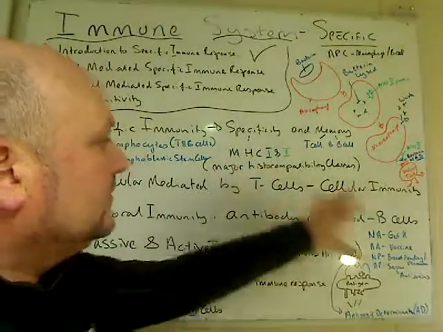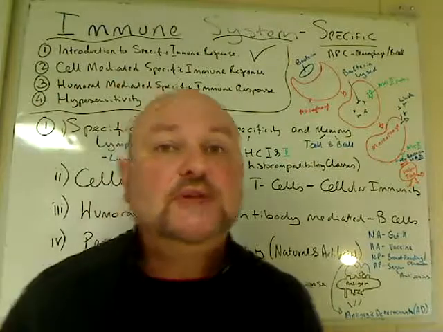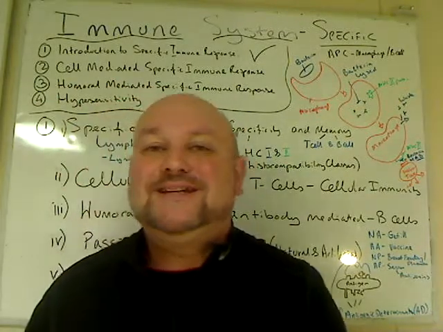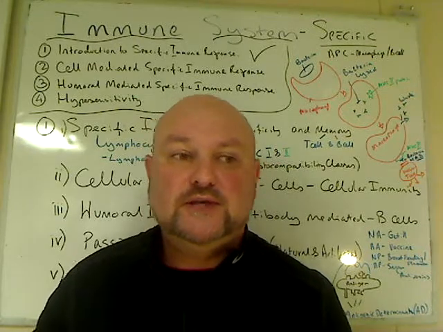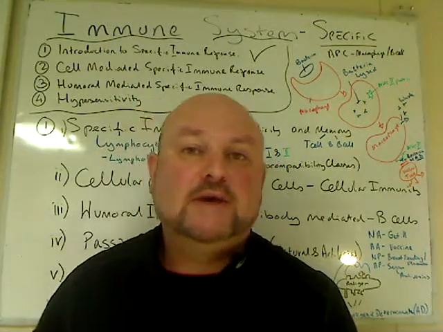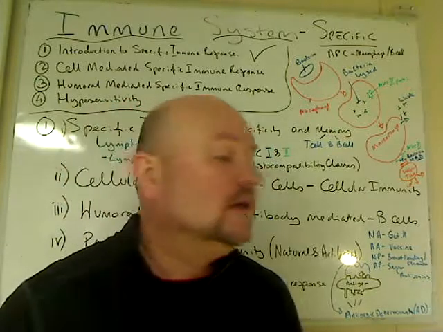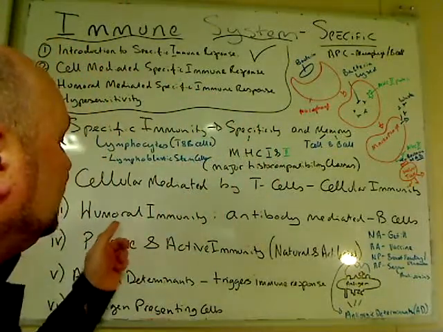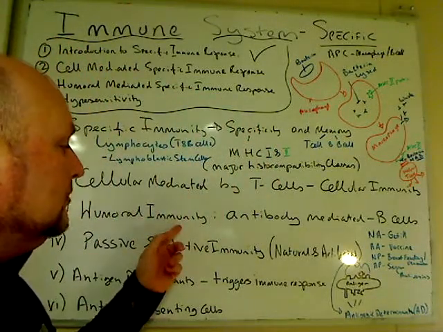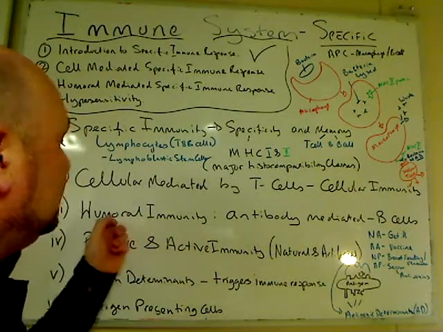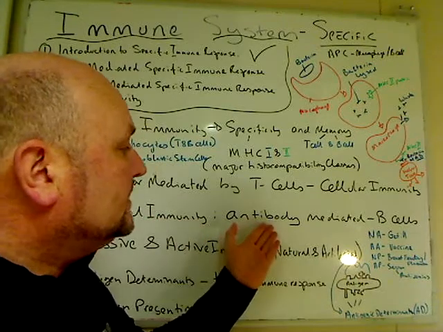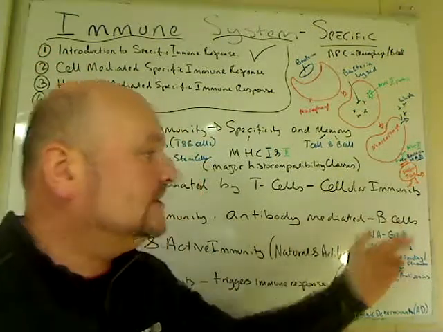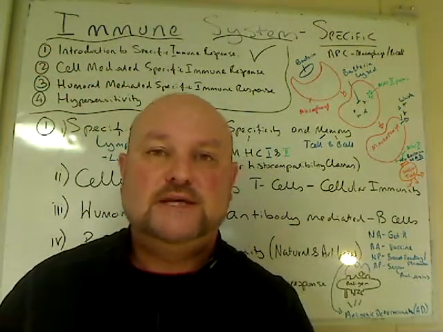Now that doesn't cover the whole of our body. We still have fluid in our body, and in particular fluid in our blood, which is the transport system of our body. So if you get into the blood at one point, you can get anywhere else in the body relatively quickly. So we also have a humoral based immune specific system, and humoral means of the blood. So a blood-based immune system, and this is antibody mediated, and these are produced by B cells.